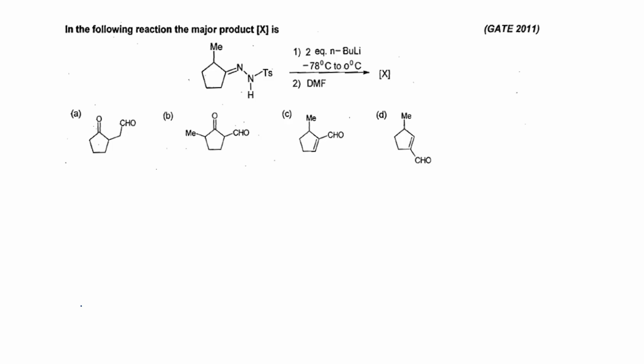So what will happen? Butyl lithium is given, so it's a strong base. As it is a strong base and 2 equivalents are given, it will take a proton from both the NH as well as the alpha carbon center.